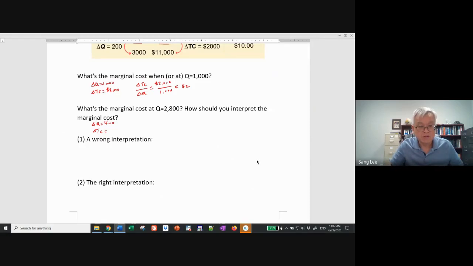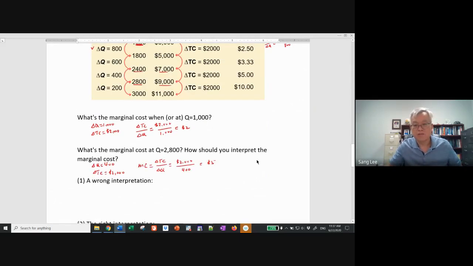So change in total cost is 2,000. So marginal cost is change in total cost over change in Q: $2,000 divided by 400, and it gives you $5. So here we can confirm this.